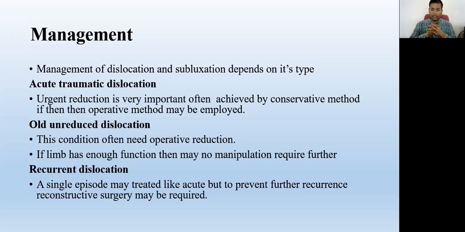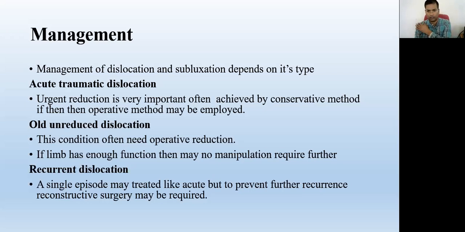Third thing, the recurrent dislocation. If any joint is dislocated or subluxated very frequently, then operative reconstruction is very much required. In that case, reconstructive surgery is the treatment of choice.